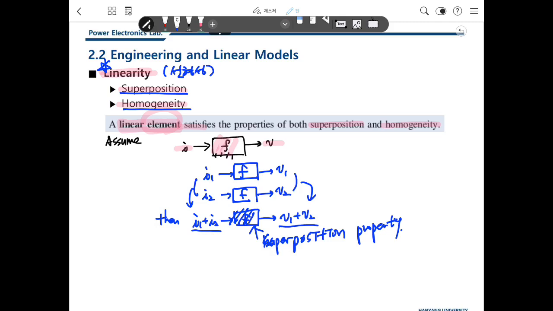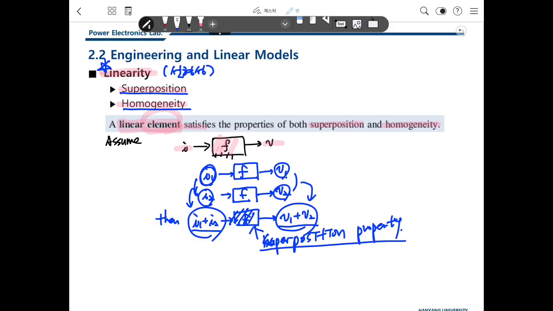That is a characteristic of superposition. So this is a specific input and output, and another input and output. If we insert the sum of two inputs, then the result is the same as the sum of two outputs. Then you can say this is a superposition.